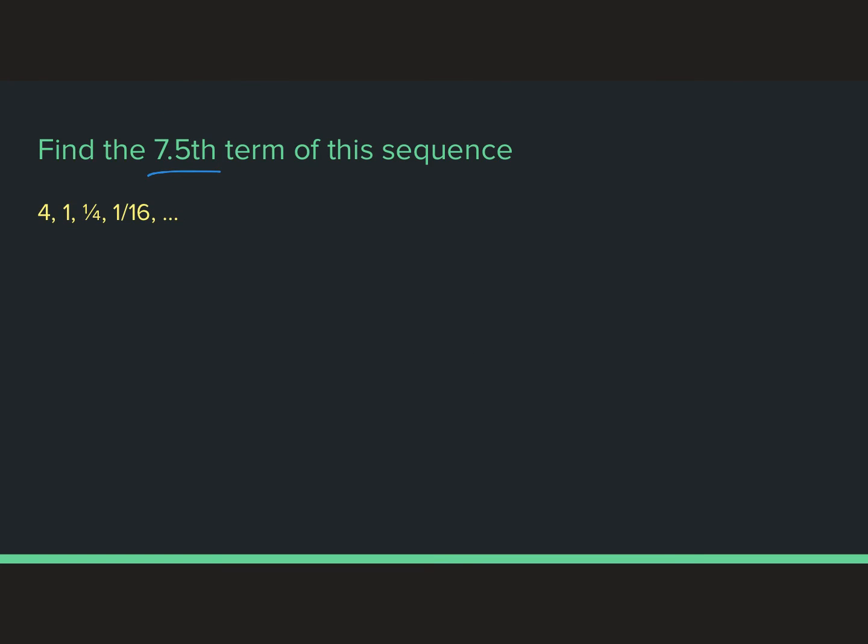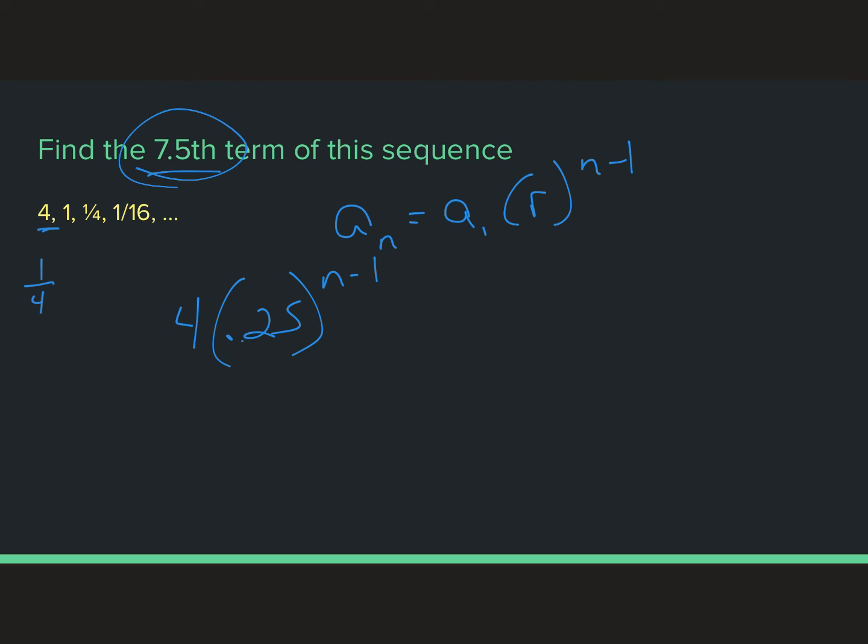Here, I need to find the 7.5 term. So, again, a sub n equals a sub 1 times r to the n minus 1. So, my first term is 4. And 1 over 4 is just that, 0.25. 0.25 to the n minus 1. But wait a minute. Can I have a decimal term?